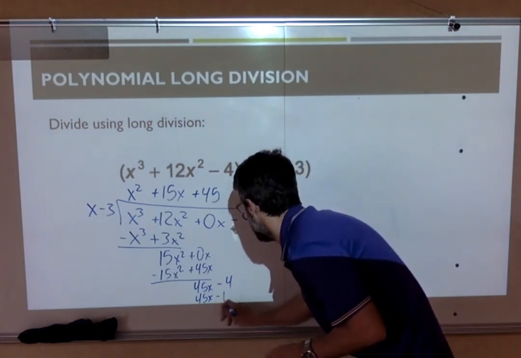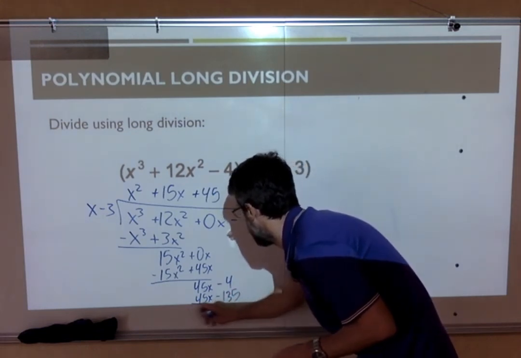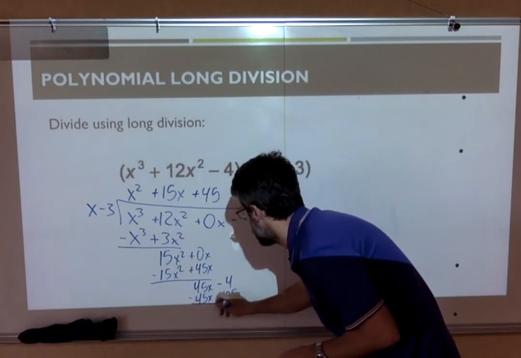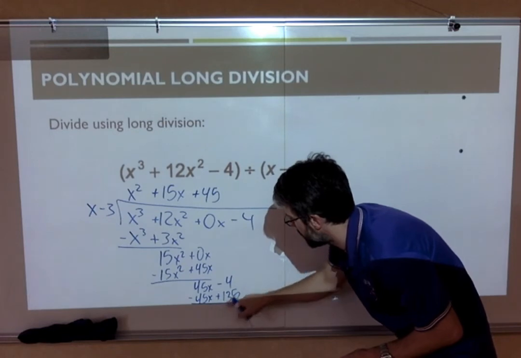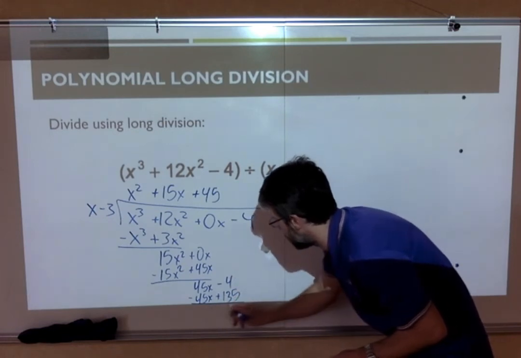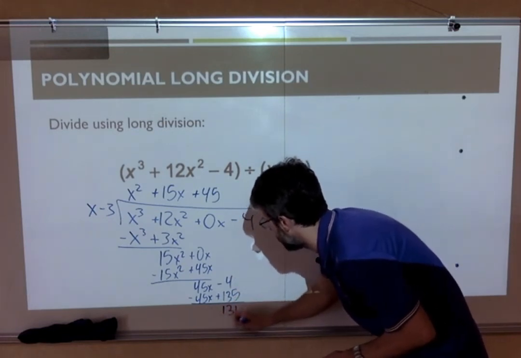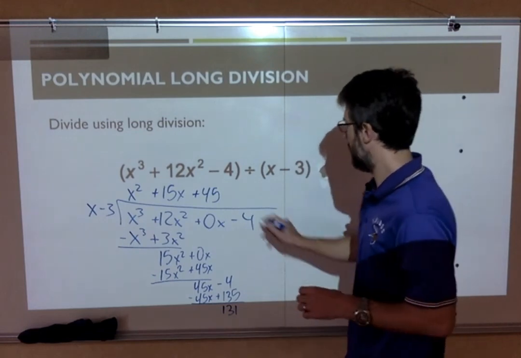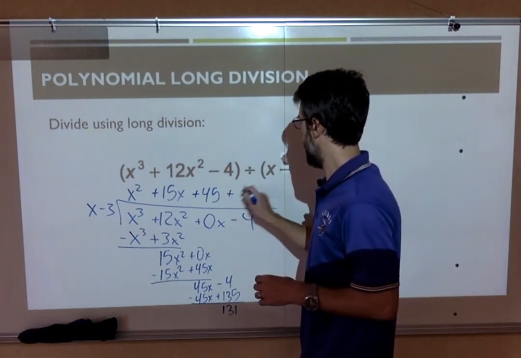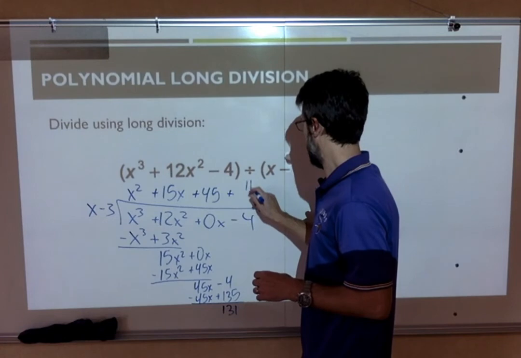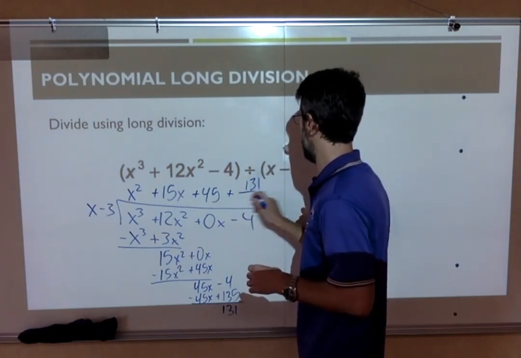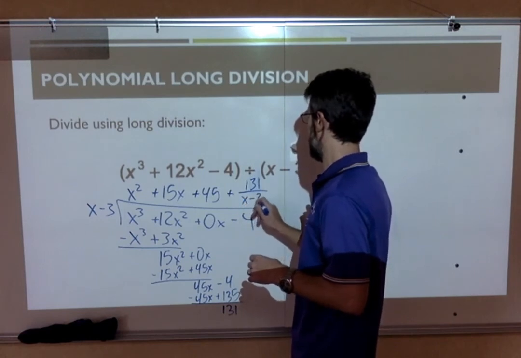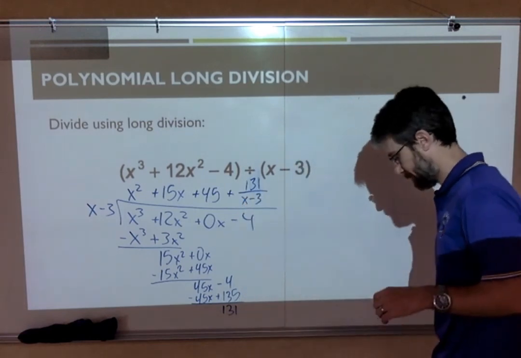So minus 135, minus plus, so changing the signs again. 45x's cancel out. Negative 4 plus 135 is 131. That might be hard to see there. And so I'm going to take that and write 131 over x minus 3 for my remainder.